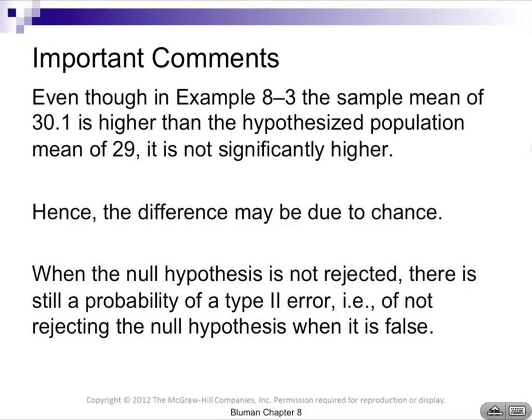And so there's always that chance for error. And when they're close together like this, that chance is greater. So we did not reject the null, but there's a probability of type 2 error here, that we should have rejected it, that it was so close that perhaps we made a mistake.